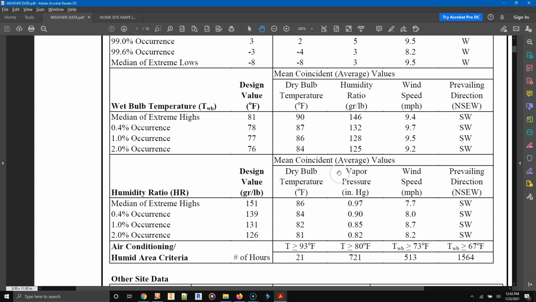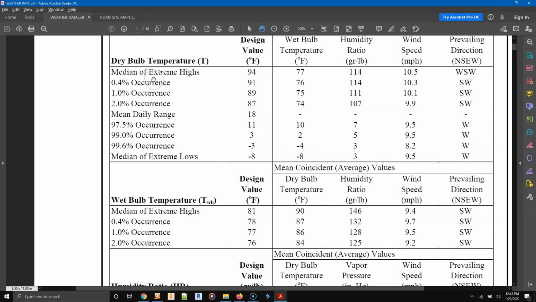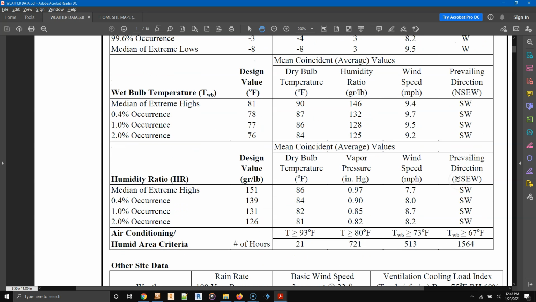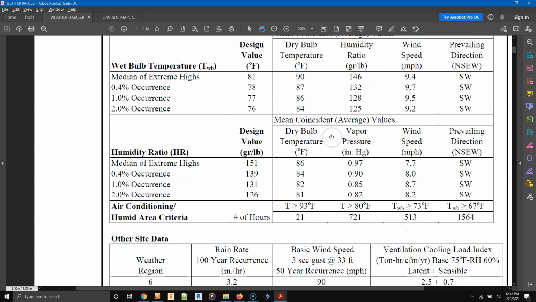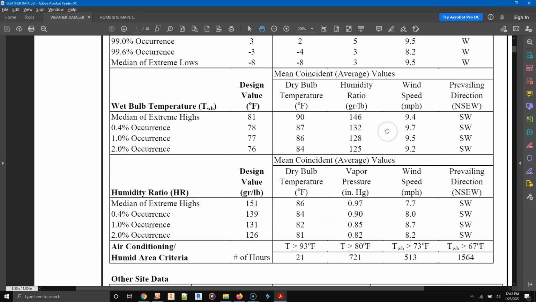Okay, so just pick one of those and tell me where you got it. And you can see up here, when we have the high temperatures, we usually have west-southwest, and when we have the lowest temperatures, it's generally in the west, but that may not be the best choice. Right here, you see some more consistency, so you might use some of these values. All right, so just be real clear about which one you're using.